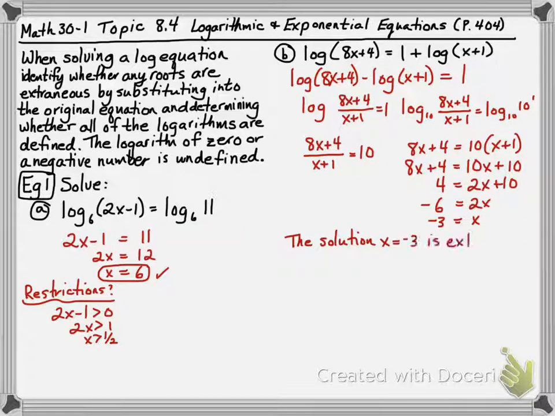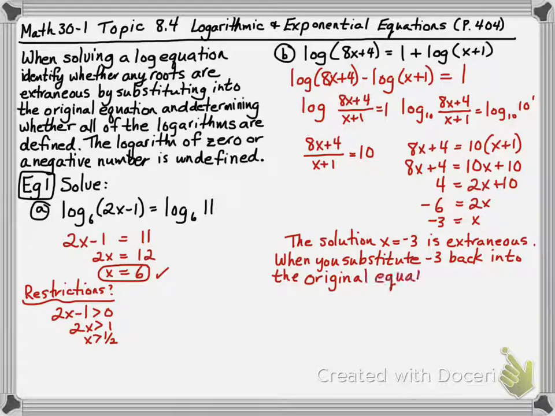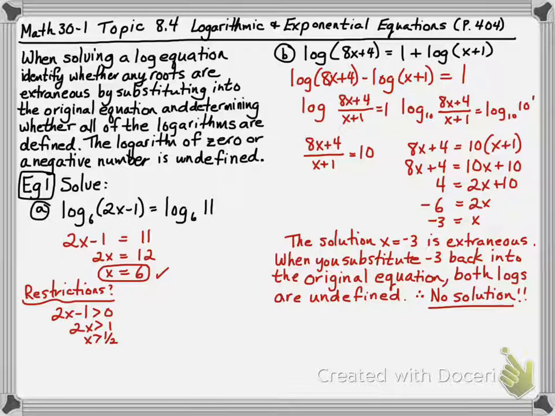If we plug that into either of the logs, you're going to get the log of negative 20 and the log of negative 2. Both of those don't work. So the solution, negative 3, is called extraneous, and therefore we can say that there's no solution.